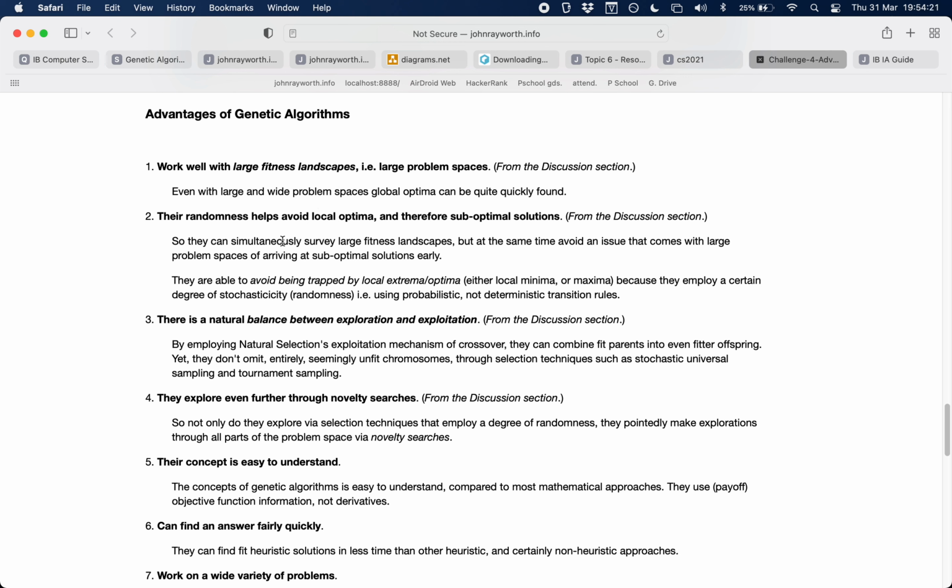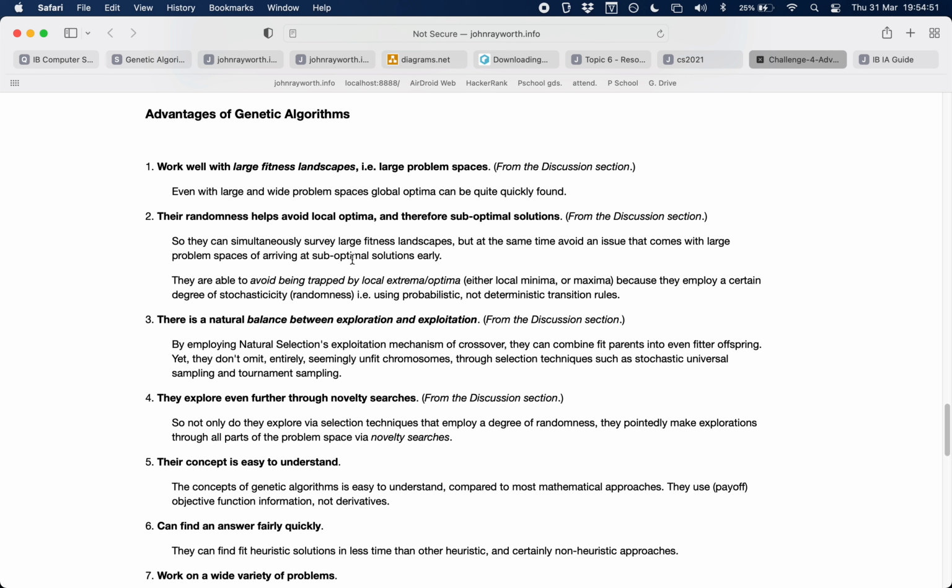2, their randomness helps avoid local optima and therefore suboptimal solutions. This is going back to the last video, this whole idea of convergence and how we don't want early convergence to suboptimal solutions. And we're always going to have the question, what's your definition of optimal? Optimal in the case of heuristics is really pretty good, really quite good, not perfect, but really quite good, rather than ho-hum, could have been better. And the way that we don't end up with ho-hum is through randomness.